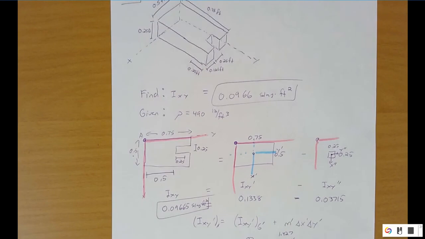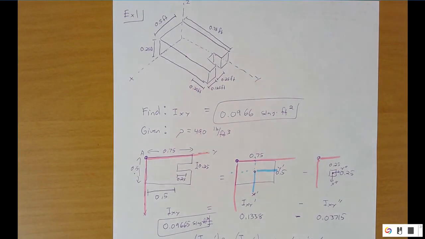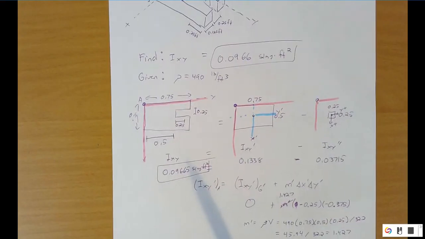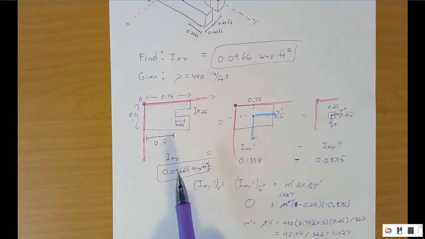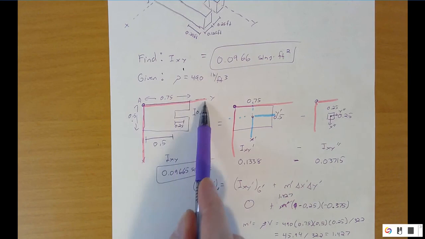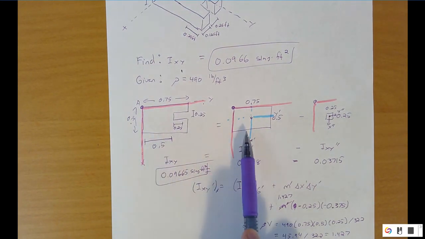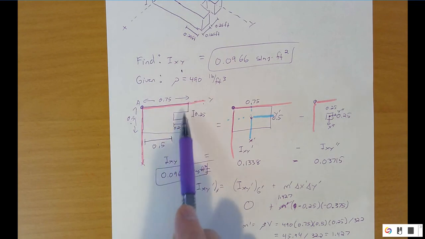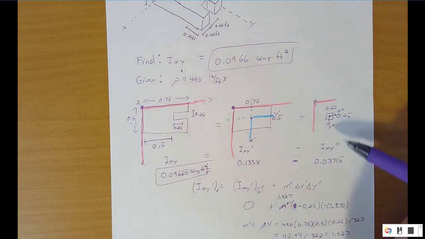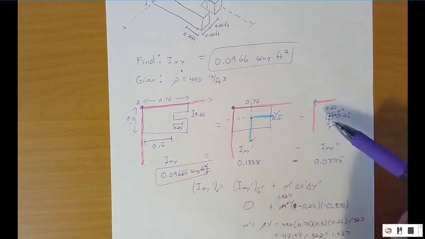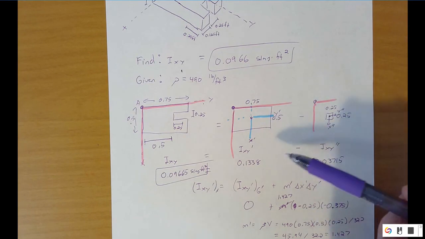All right, so you can do this in other axes as well. Same thing. So we have our 3D shape. Since it had the same height, we chose to redraw it in two dimensions to make it easier. We only had to find it in the XY plane, so I just drew it in the XY plane. We use composite bodies by splitting it up into a big rectangle and a small square. We found the Ixy about the center of gravity for each one to be 0 by orienting our axes such that they were parallel to this, and they cut the thing in half.